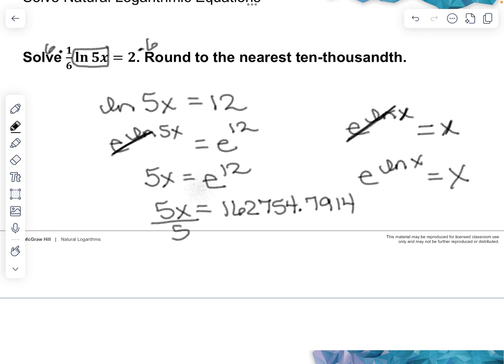And finally, we can divide by 5. x equals 32,550.9583.